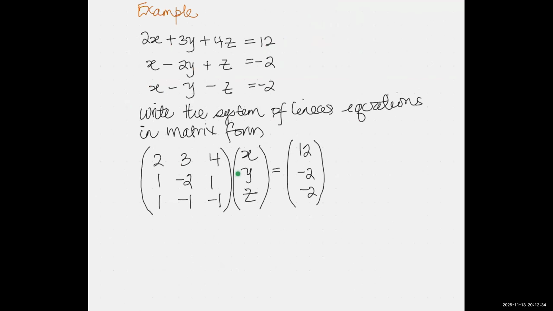We're going to be calculating the overall determinant.